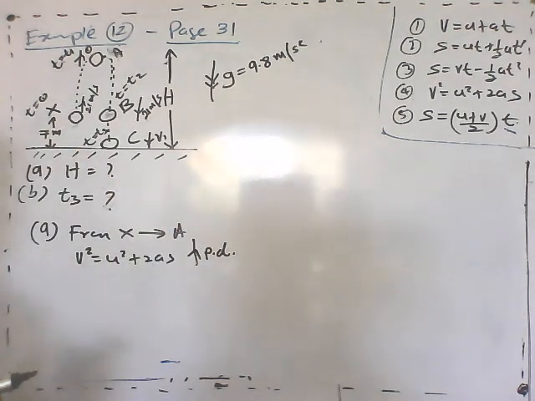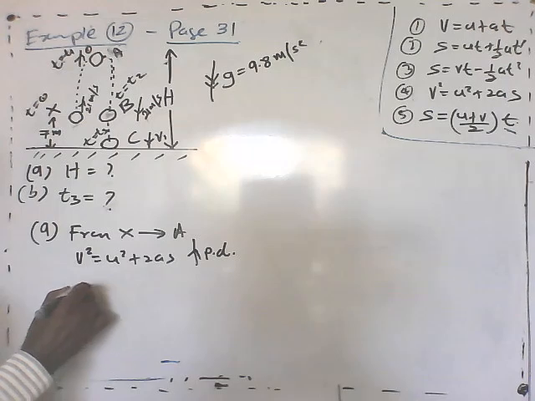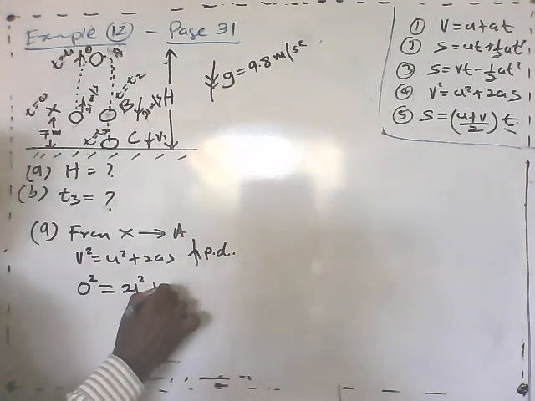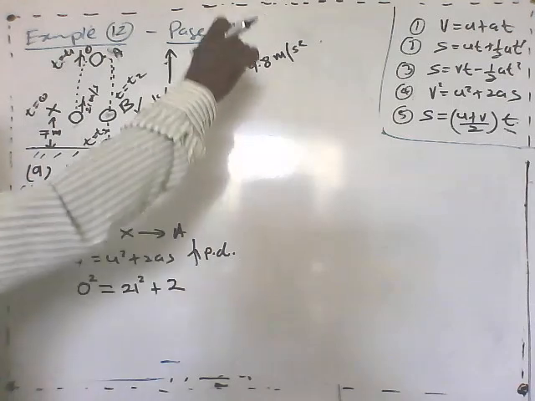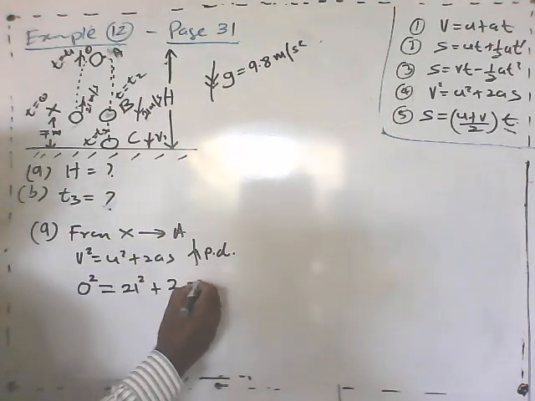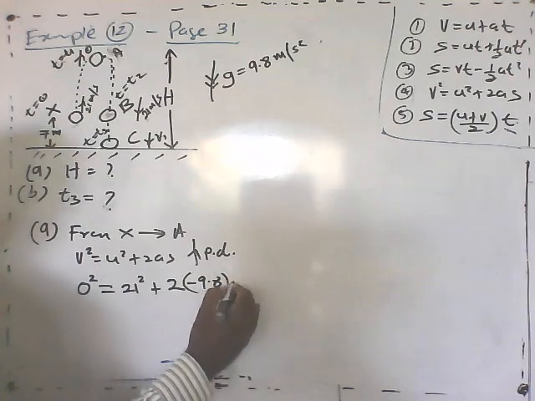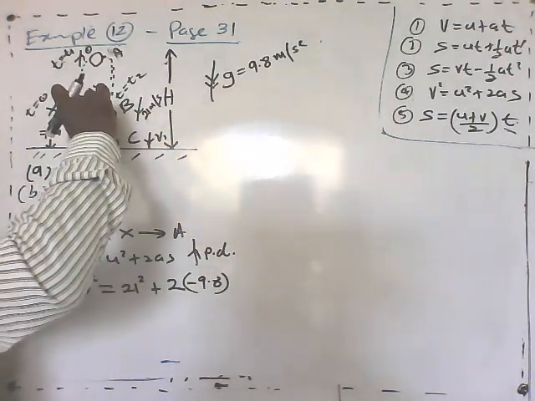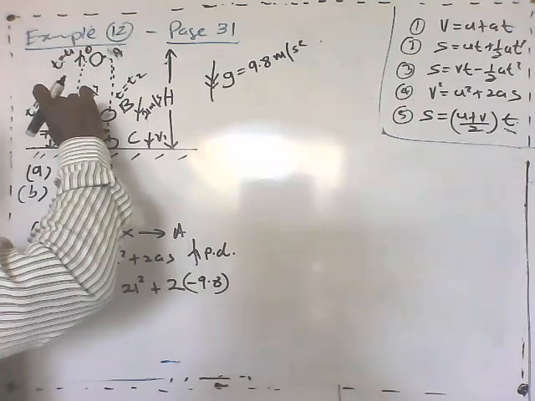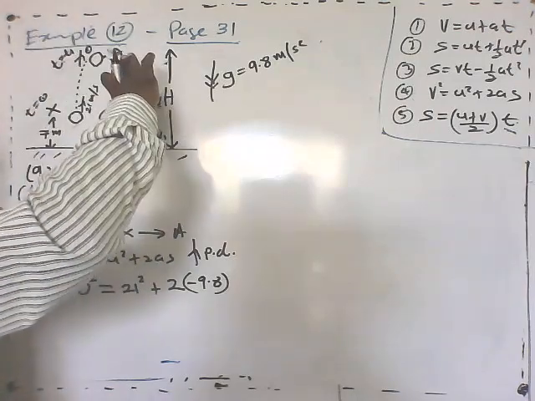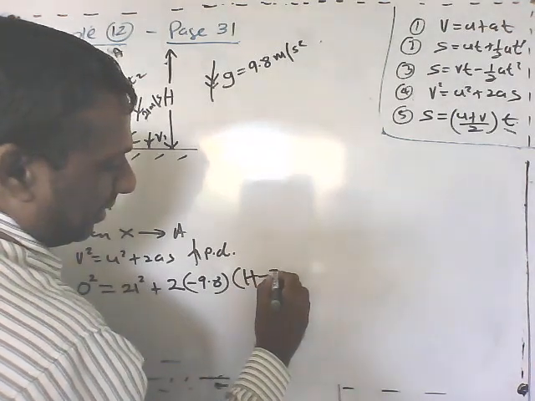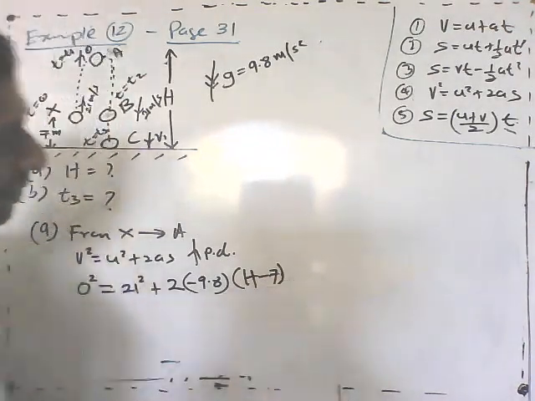The final velocity is going to be 0. So 0 is equal to 21 squared plus 2 times g, which is actually 9.8, but because we are applying the equation upward, minus 9.8. And the displacement from X to A is h minus 7.